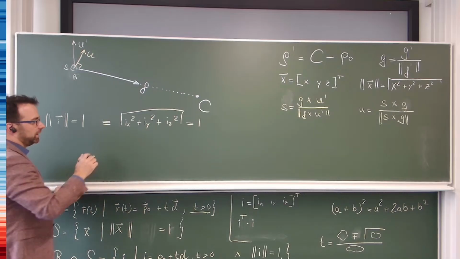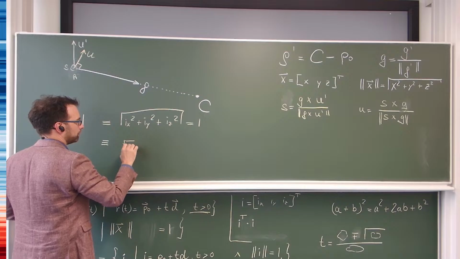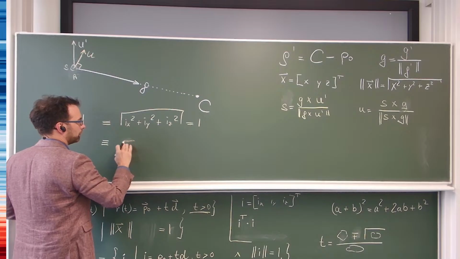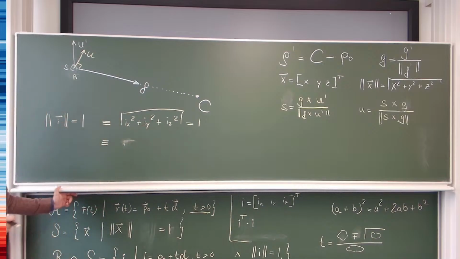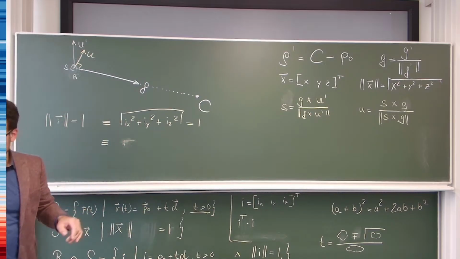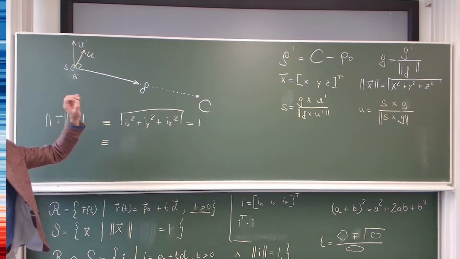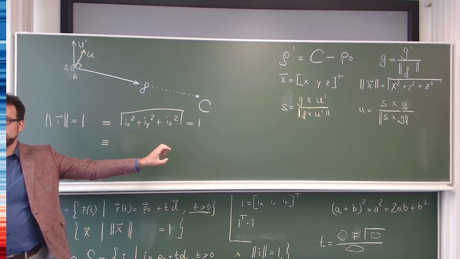That should be the same as saying, I could square both sides of the equation. It's just squaring both sides of the equation. Am I missing stuff there? Probably not. That's what I was missing before. You can use squaring both sides of the equation to have the same thing.